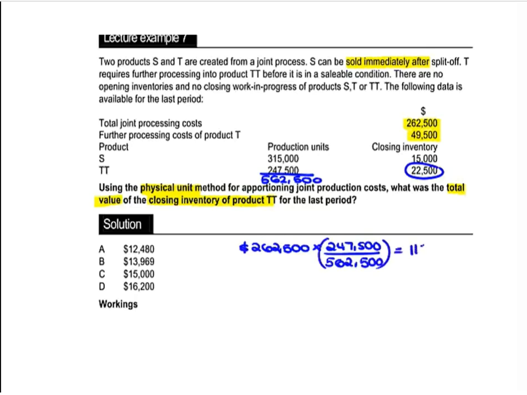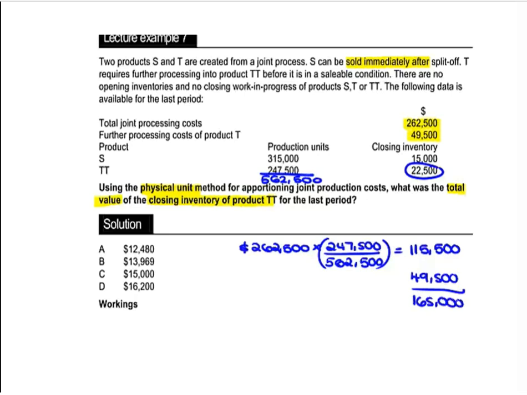So that's 115,500. But we also need to deal with the further processing costs of 49,500 to give us the total cost of producing all of the TTs.